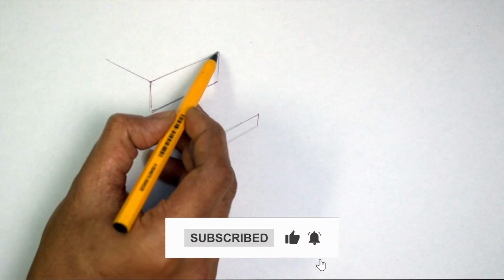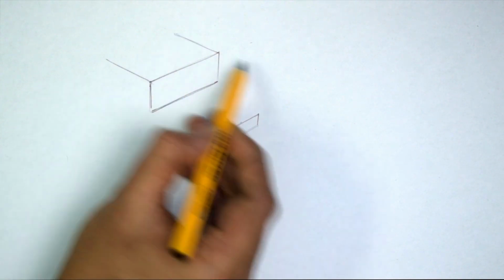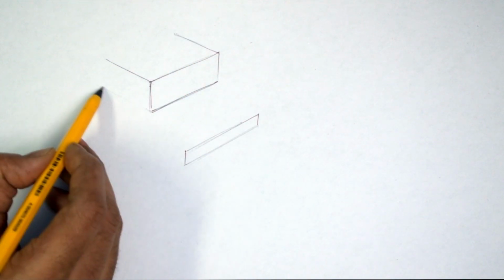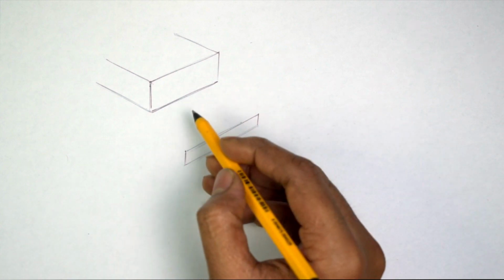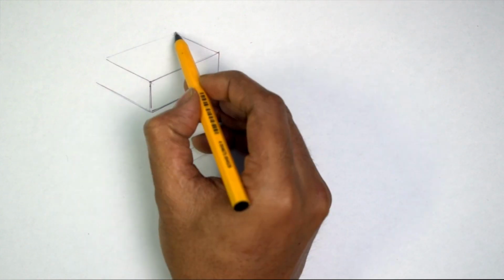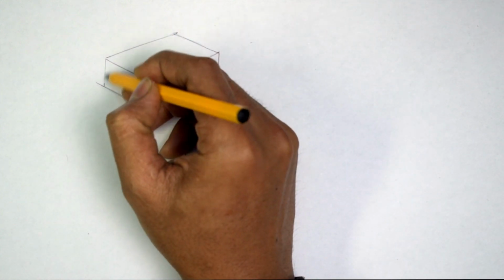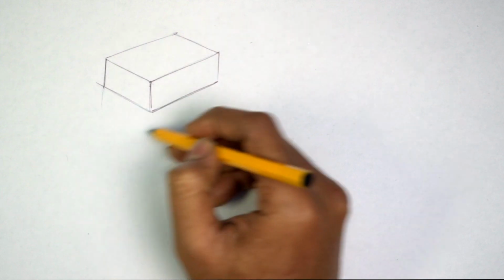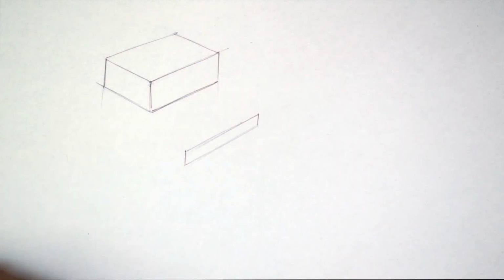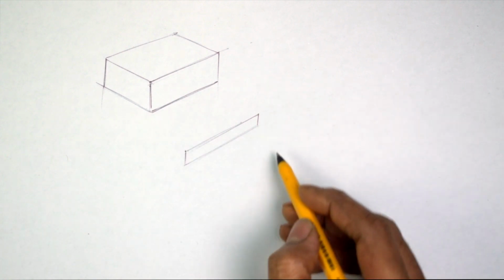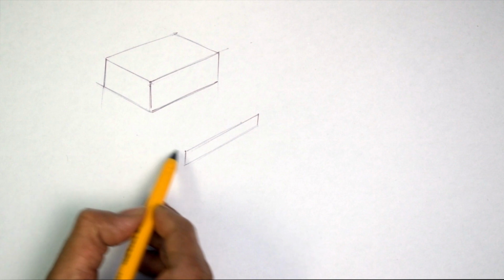This is again in isometric view, so the angles you can see are at a particular specific angle. You don't need to make any random lines, so it's very easy. Once you practice the lines, you can start with a rectangle. You can start from any side, either the front, side or top.